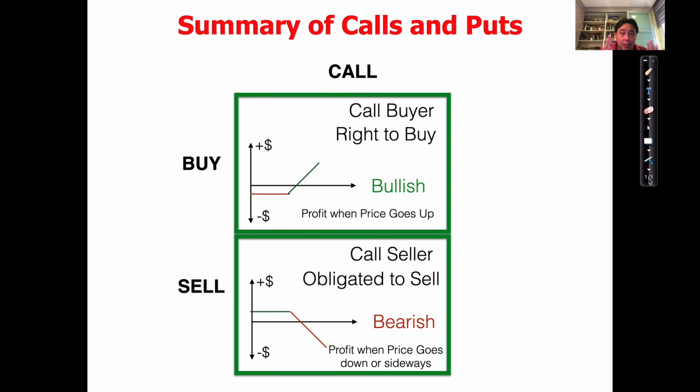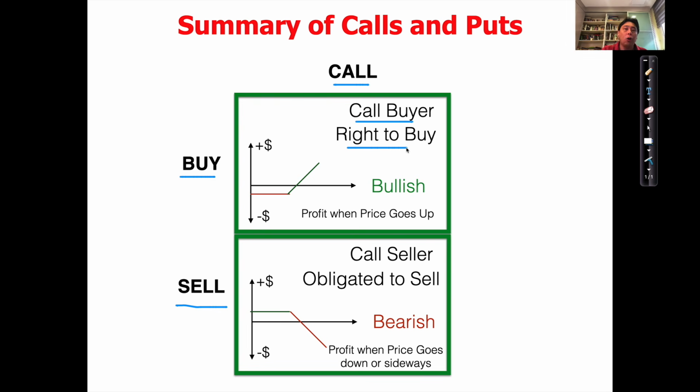Okay, so here's a quick summary about what you've learned so far about calls. Okay, so again, for call options, you can buy a call option or you can sell the call option. If you buy a call option, your risk to reward graph is the Nike sign. And if you sell a call, the risk to reward graph is the opposite of the Nike sign. When you buy the call, you have the right to buy the shares.